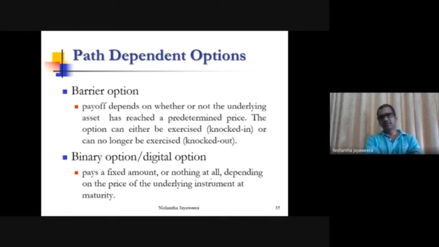Then the other one is the barrier option. So even though you enter into the agreement, whether that agreement becomes effective or not depends on the price movement. Say at the beginning, spot price is 70. Your strike is say 100.